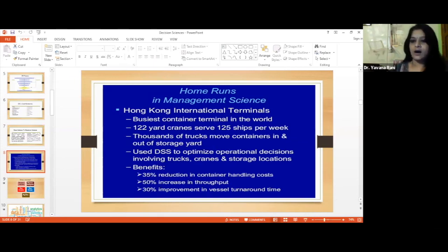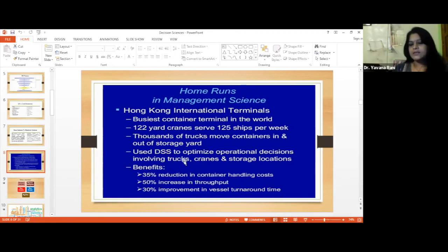One of the busiest container terminals in the world, the Hong Kong International Terminal, has 122 yard cranes serving 125 ships per week. It's a very big terminal, and thousands of trucks move containers in and out of the storage yard.